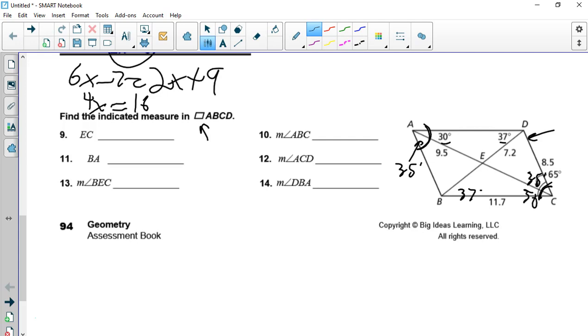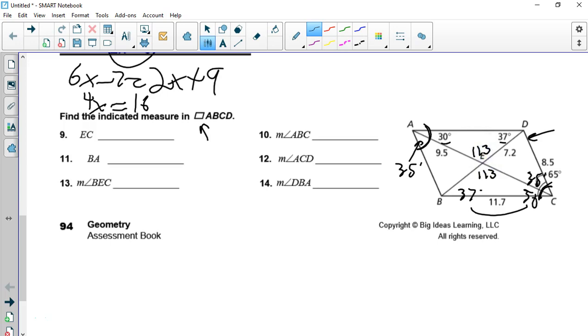Okay, so 37 plus 30 is going to be 67. If we subtract 67 from 180, because we have a triangle at the bottom and at the top, that gives us 113 here and here.